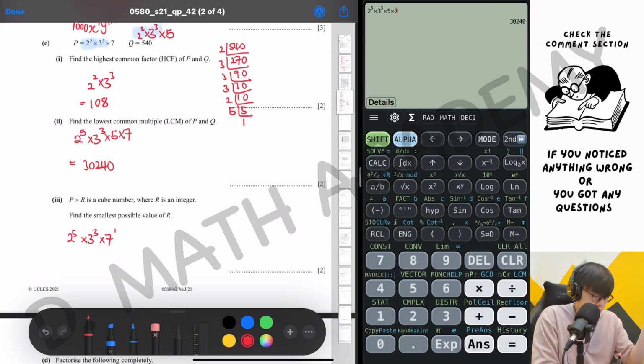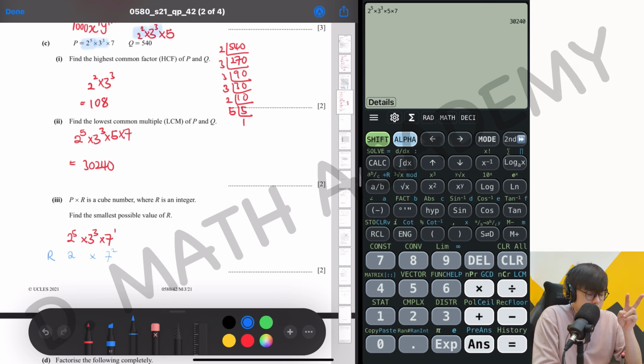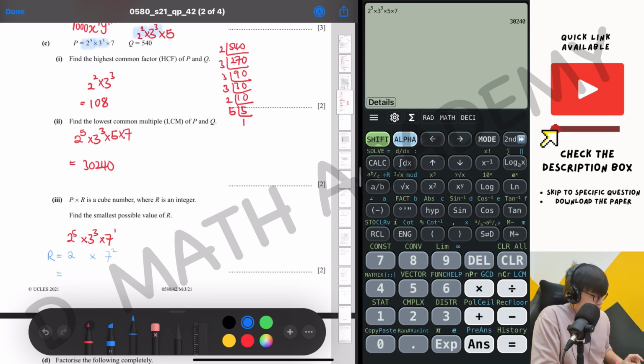So clearly, this 2 here, you need to add 1 more to make it 6. And for the 7 there, you need to make it power of 2. So to get to your final answer, your R is actually 2 times 7 squared, which is 98 here.